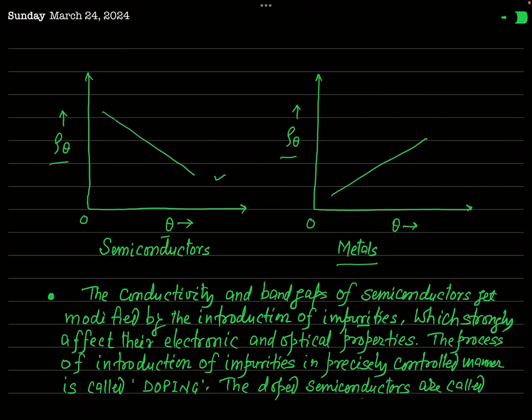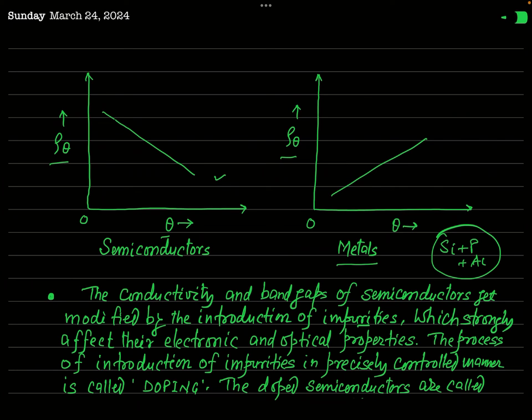Just like you take the pure form of silicon and you mix with this silicon an impurity like phosphorus, or you mix in Al, then you will see later on that two types of semiconductor will result.